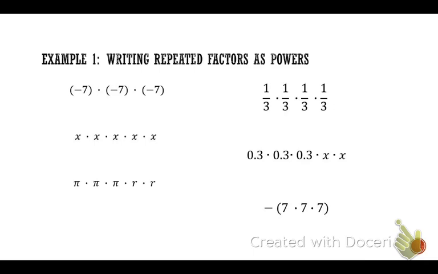Look at the first problem: -7 times -7 times -7. What do you notice about each term? It's in parentheses, so the product needs to be in parentheses, to the third power.